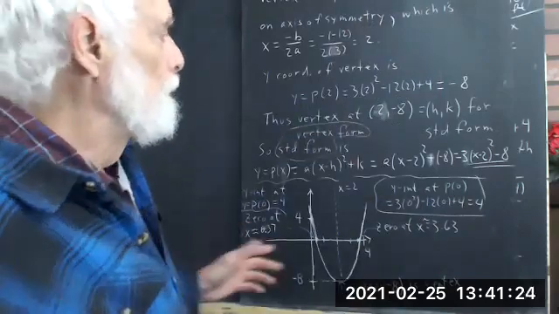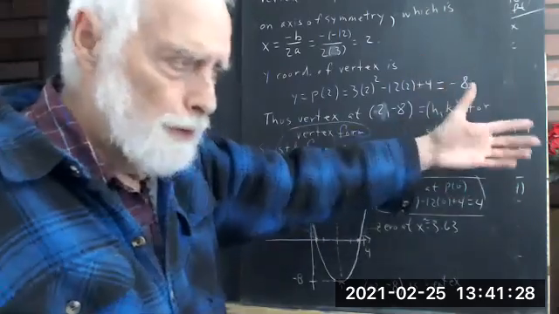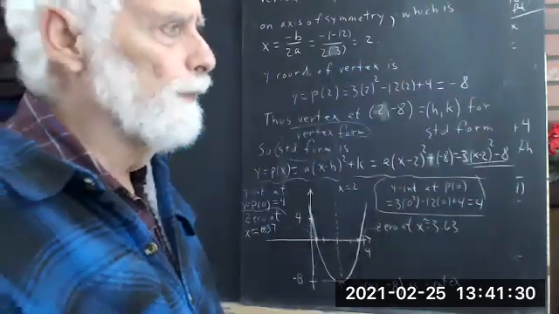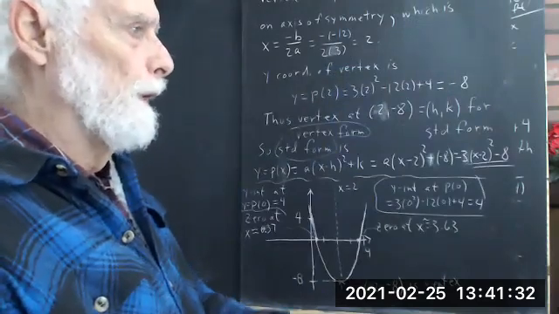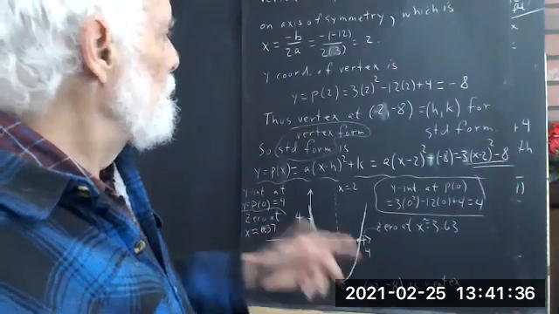Now you notice that the vertex form or standard form and the general form, the ax squared plus bx plus c form, have their advantages depending on what you're looking for.